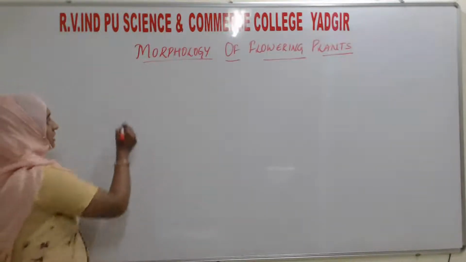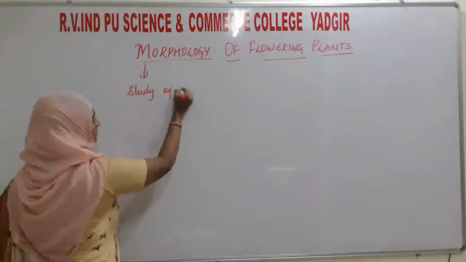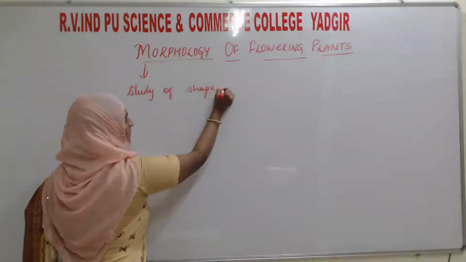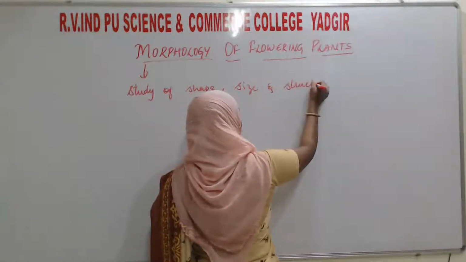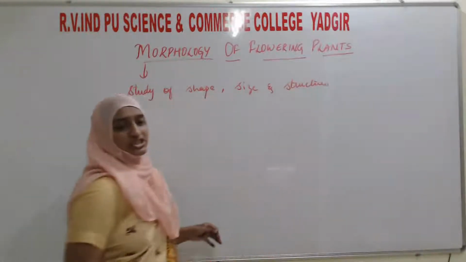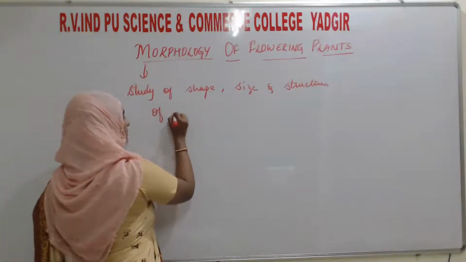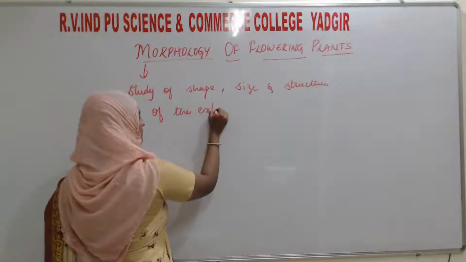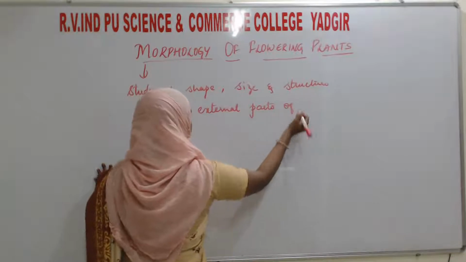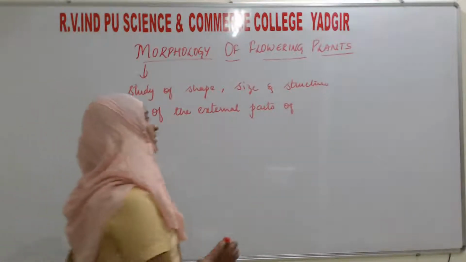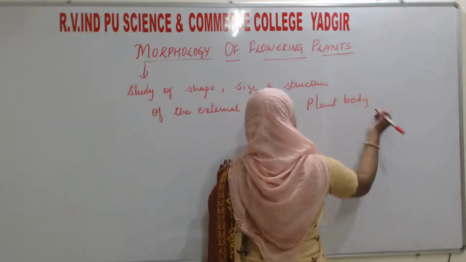That is the study of shape, size, and structure of the external parts of the plant body. That is known as morphology.